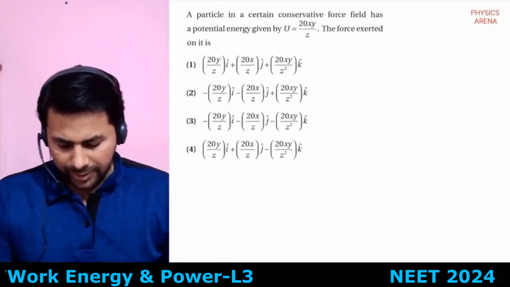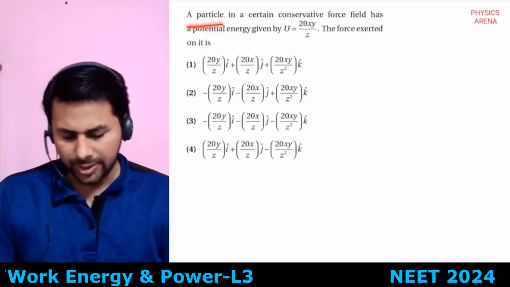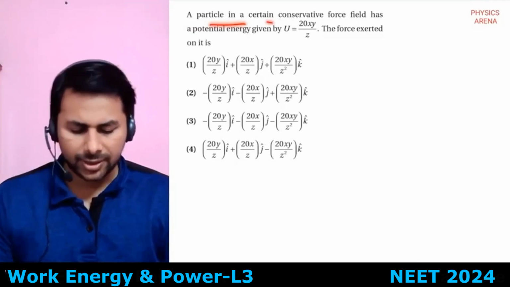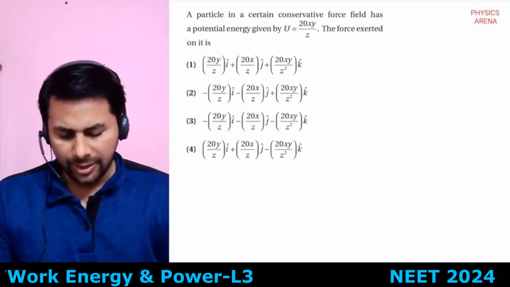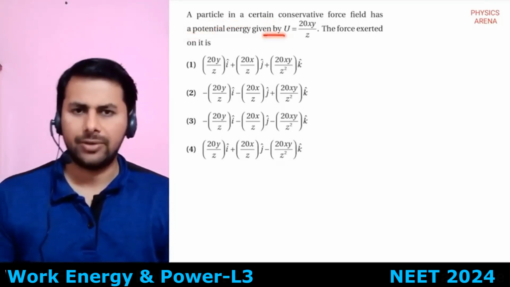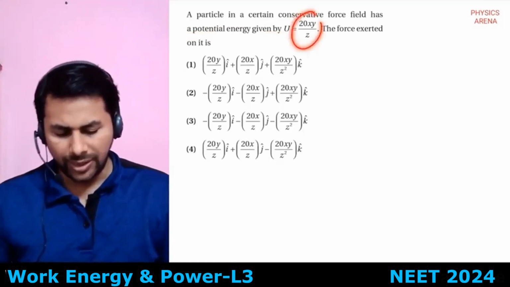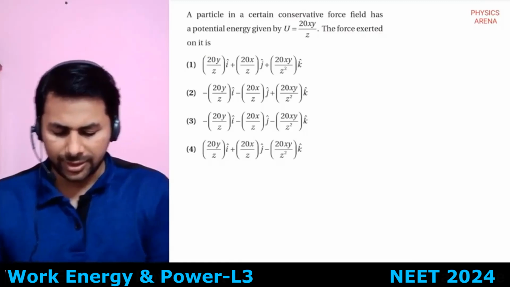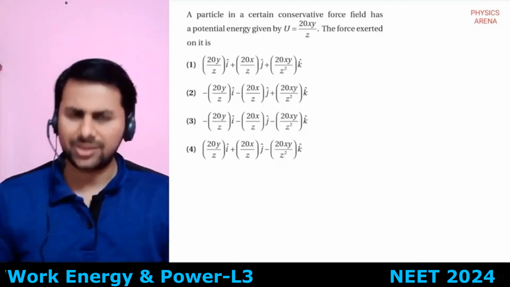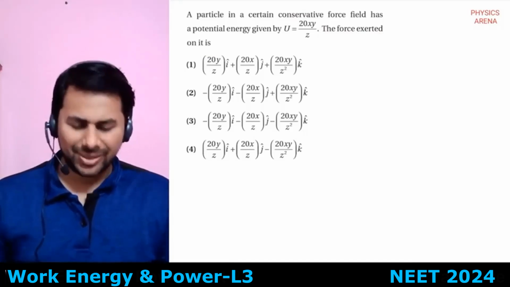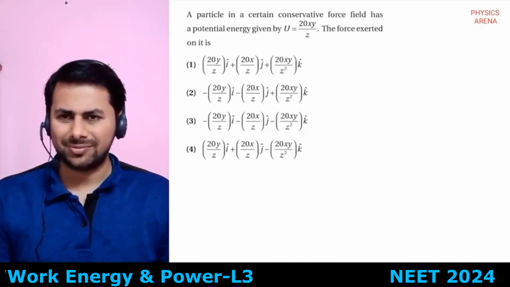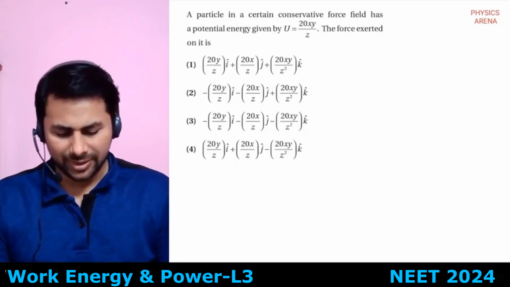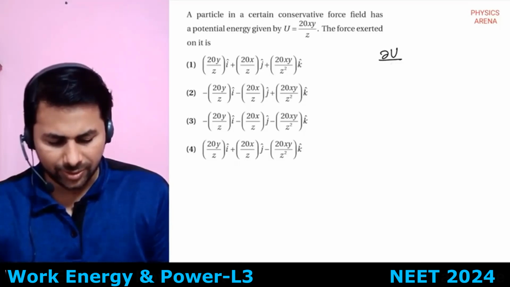Okay, and then let's see this question. A particle in a certain conservative force field has a potential energy given by U equals 20xy upon z. The force exerted on it is. So we just have to take partial derivatives of this function, right? Let's take the partial derivative with respect to x.